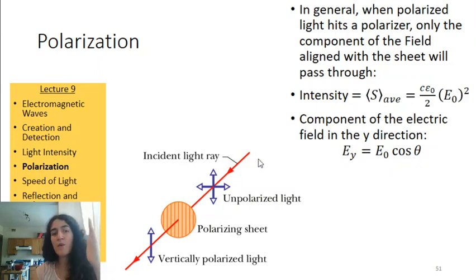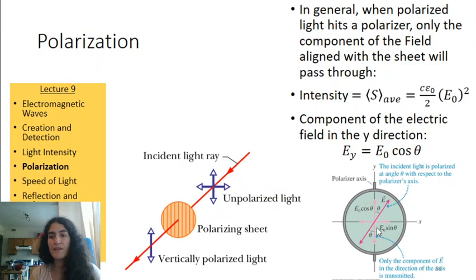So theta would be the angle that the electric field is oriented relative to the vertical. And so if I want the component of the electric field that is in the vertical direction, then I could break it up using SOHCAHTOA and get that the component of the electric field in the y direction is equal to the total electric field times the cosine of the angle theta.